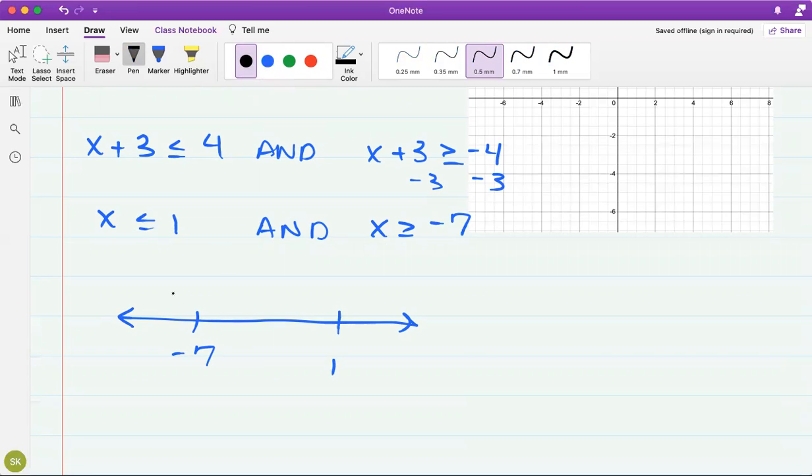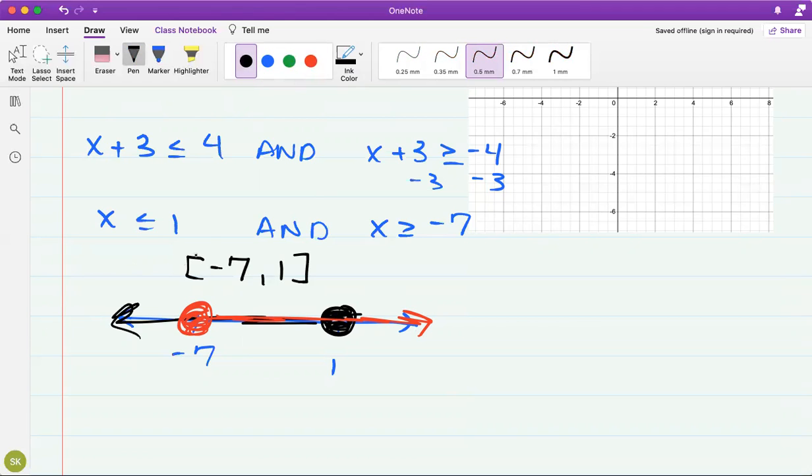This says we're less than or equal to 1. And we can equal this number so we can shade it in. And at the same time, we're greater than or equal to negative 7. Now we look and see where we shaded both, and notice that we included the endpoints. So the solution to this problem is from negative 7 to 1. That's the interval notation.